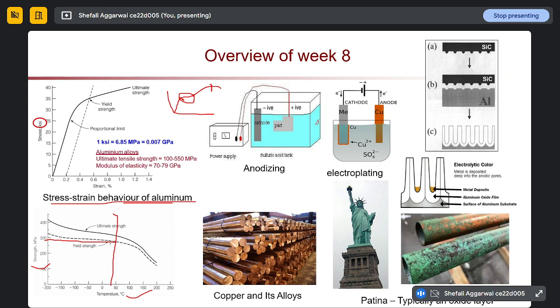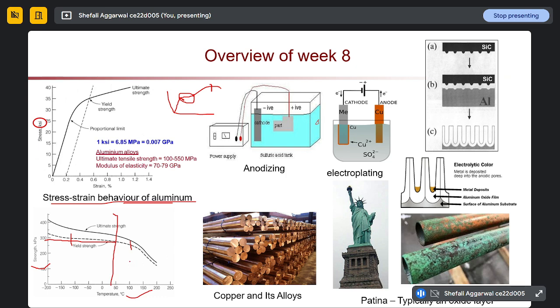However, if we are going higher than room temperature, if we are heating up our metal, then our strength will decrease. If you look from this point to this point, it's almost linear, so there won't be much difference in the yield strength of our aluminium. However, for the ultimate strength, the curve is much more sloped. You have a bigger slope than yield strength in case of aluminium.